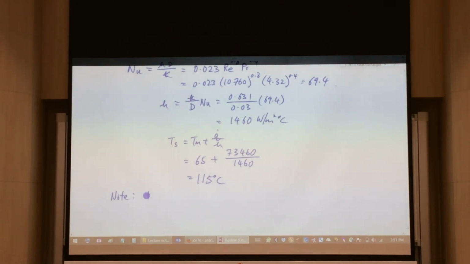Now note that the inner surface temperature of the tube is actually going to be 50 degrees Celsius higher than the mean water temperature at the tube exit.